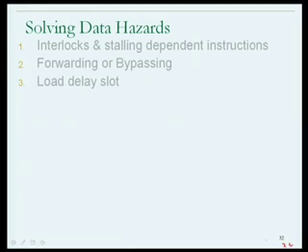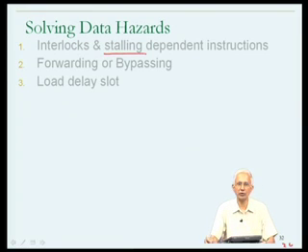Let me just remind you that we have looked at a few possible solutions to the data hazard problem. One of them was that the pipeline could be built to include pieces of hardware called interlocks that check for data hazards, and when a data hazard is detected, the hardware would cause the dependent instruction to be stalled. What we mean by stalling an instruction is preventing it from proceeding through the pipeline as per schedule.